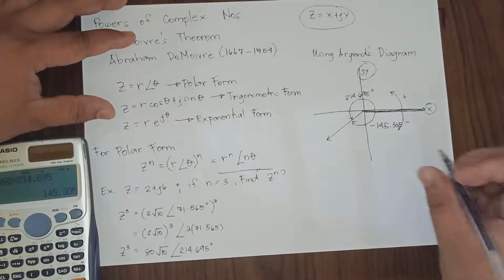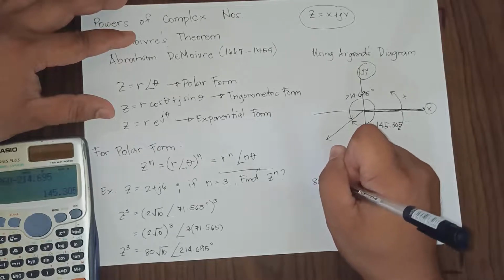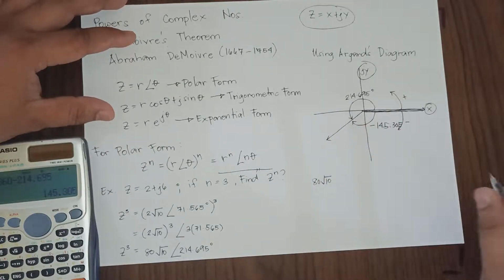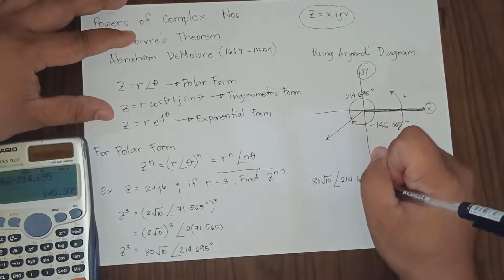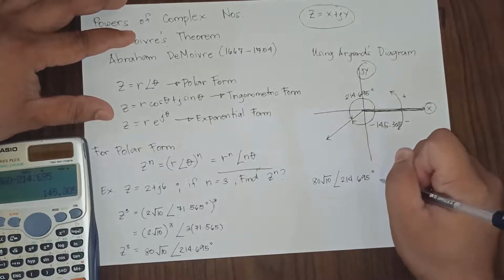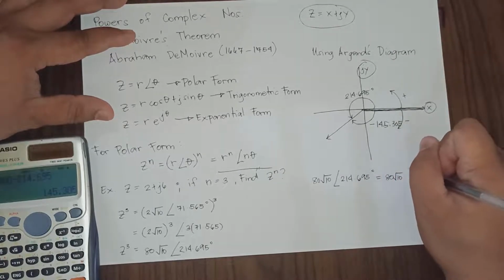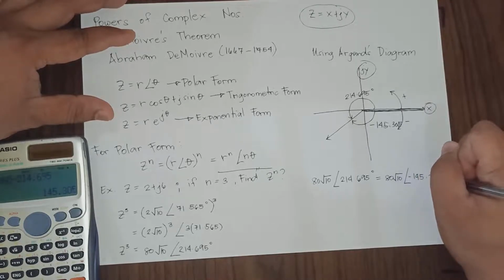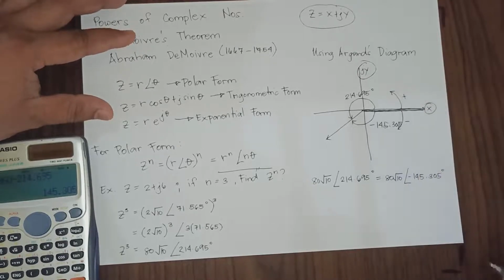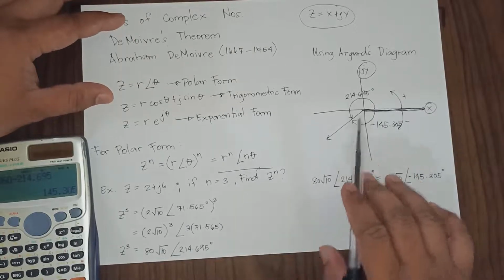That is 80 square root of 10, angle of 214.695 degrees is also equal to 80 the square root of 10, angle of negative 145.305 degrees. Iisa lang yan. So, iisa lang ang ibig sabihin niyan. No?